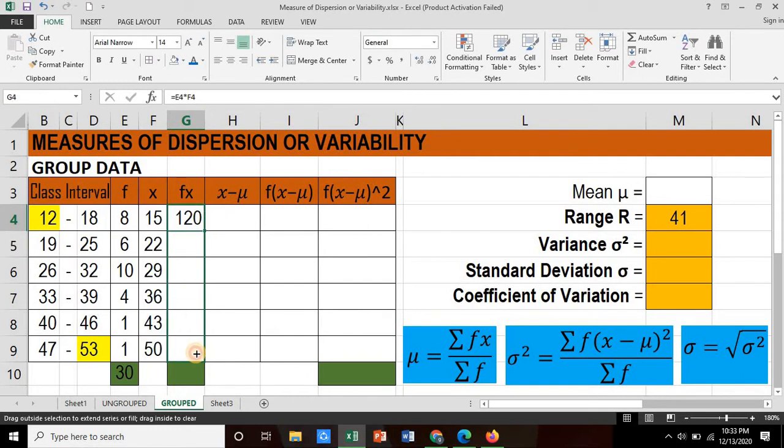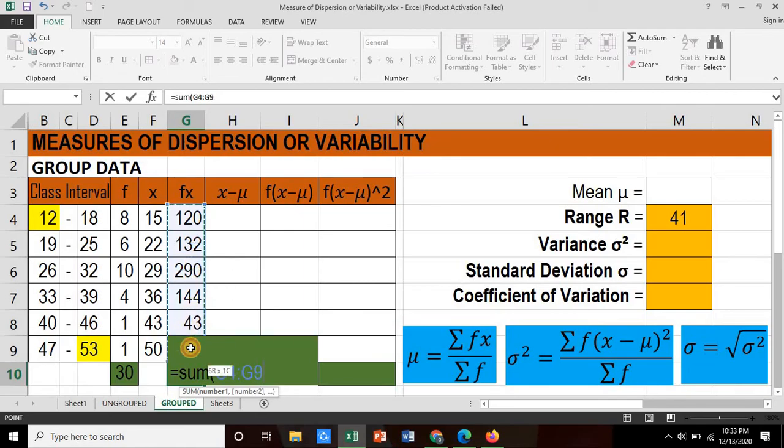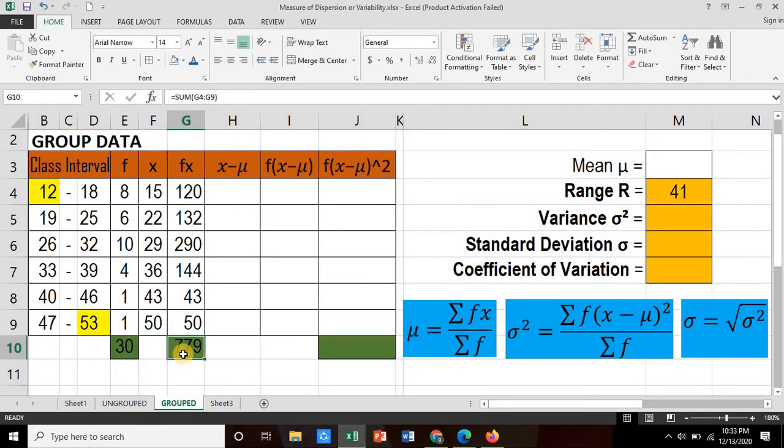We copy or apply the same formula for the rest of the class intervals, and we also take the summation. So this is simply equals SUM, open parenthesis, and we highlight these 6 values for the product of the frequency and the midpoint, and that is 779.